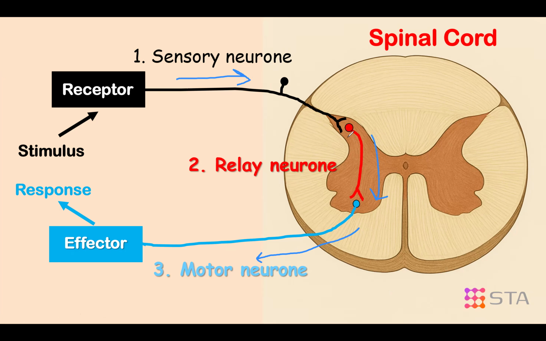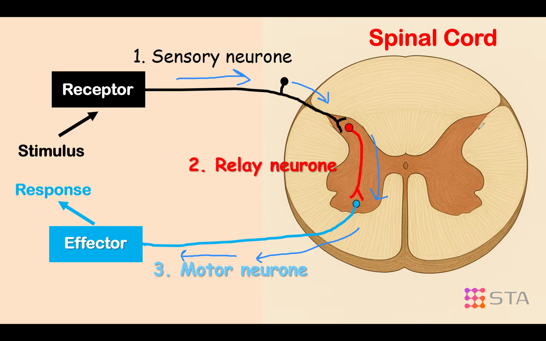So notice that these relay neurons are entirely within the spinal cord. And of course, your brain is also made up of relay neurons. We call them brain cells, actually. And they connect the information coming in to the information going out.